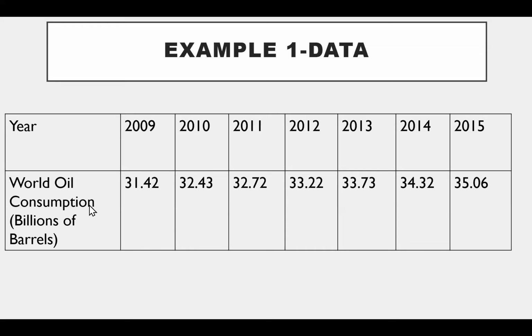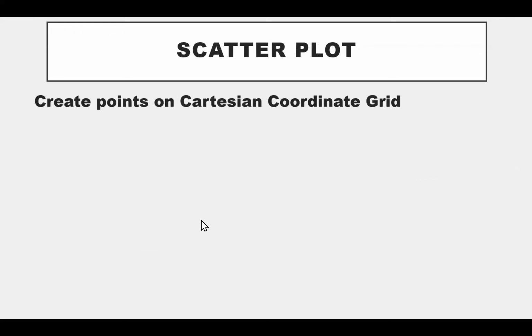One of these variables, the year or the oil consumption, is going to be called our x. And I will use the x as the year. The world oil consumption in billions of barrels, I will use as the variable y. With that convention, we can plot points on a scatter plot.